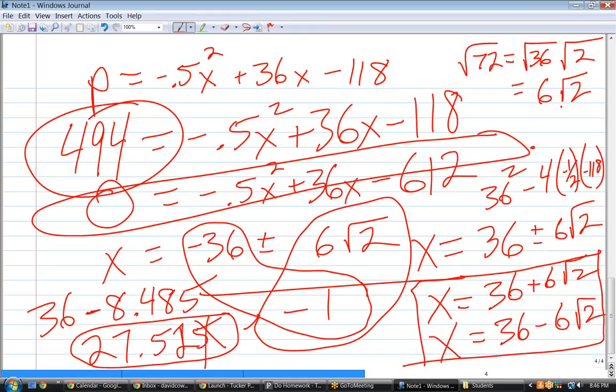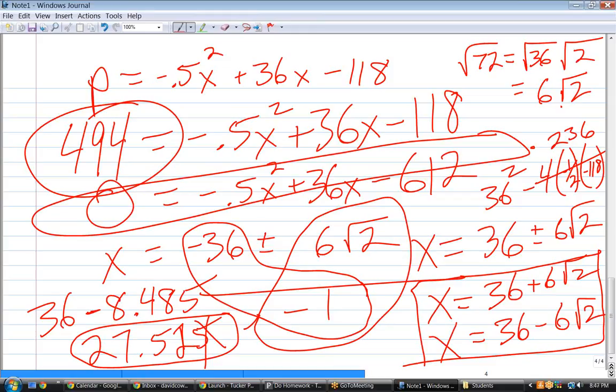Which is minus 2 times minus 118, which is, I did make a mistake, which is 236. So now we got 36 squared equals 1296 minus 236.